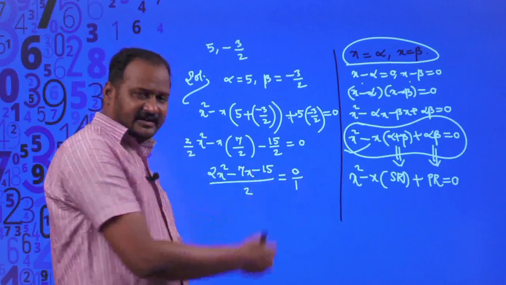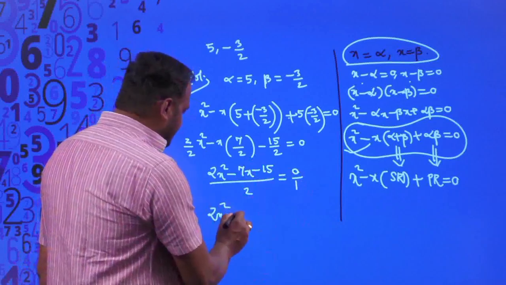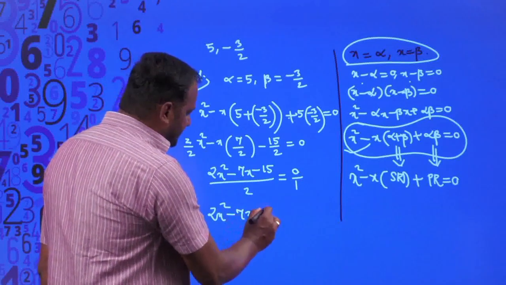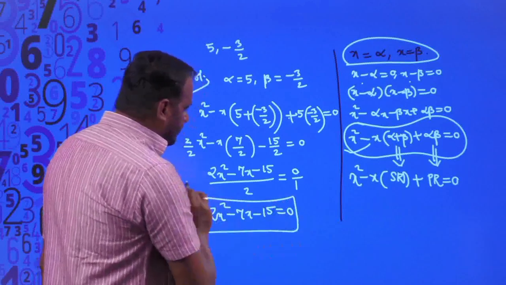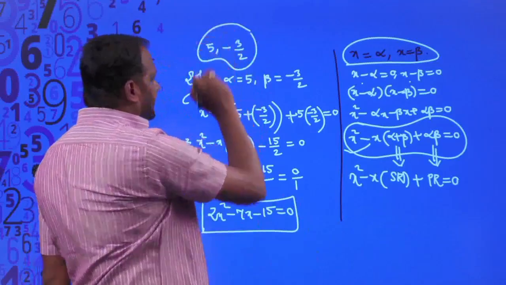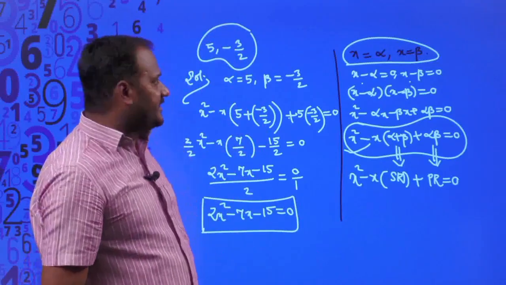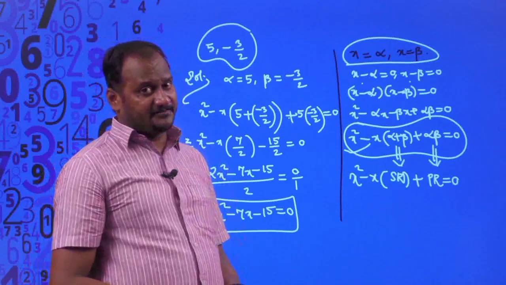By cross multiplication you get 2x square minus 7x minus 15 is equal to 0. So this is your required quadratic equation whose roots are 5 comma negative 3 by 2. This way you can easily find the quadratic equation when the roots are given.